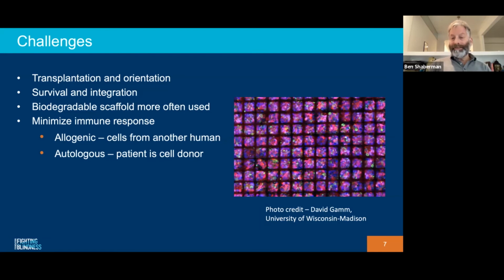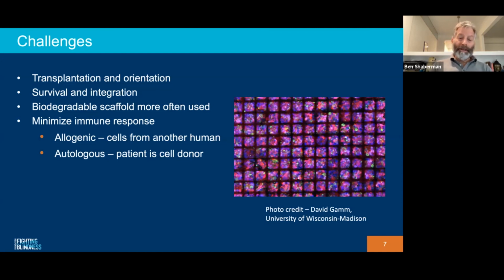And that's what this rectangular structure divided into cubes, it sort of looks like an ice cube tray, is on the right side of the slide. This is a biodegradable scaffold developed by Dr. Gamm, again, at the University of Wisconsin-Madison. Now, another thing that we need to be cognizant of is a potential immune response. So the eye is considered an immune privileged structure, but that doesn't mean some type of immune response isn't possible.